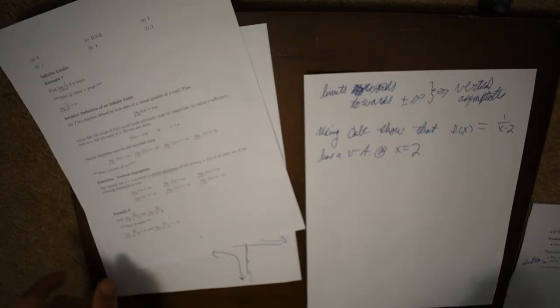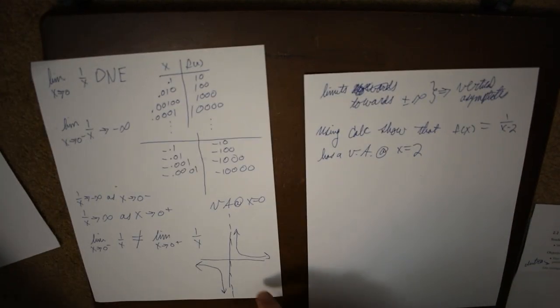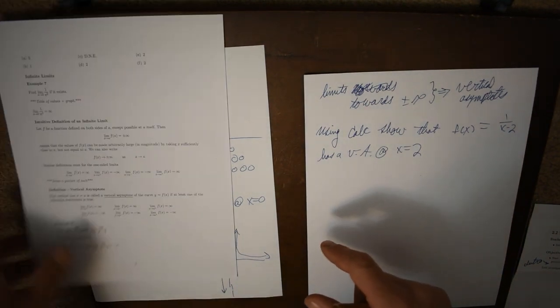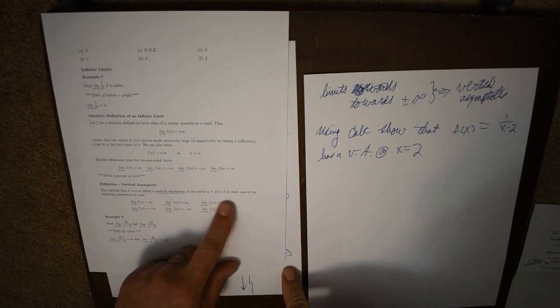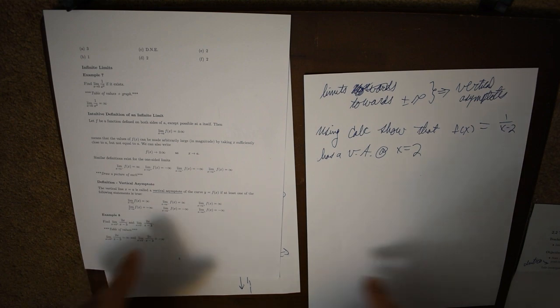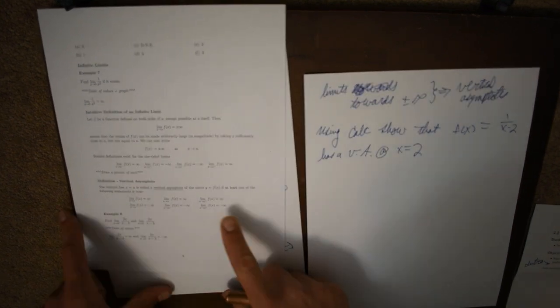So the book goes through, calls this thing a definition. It's kind of like a theorem. The book says the vertical line x is equal to a is called a vertical asymptote if the curve has at least one of the following statements. So this is a very calculus way of describing it.